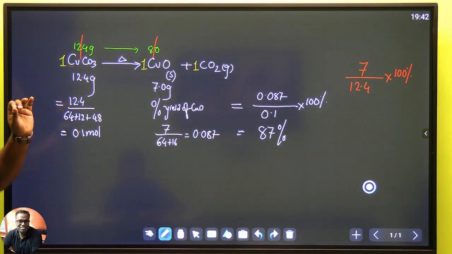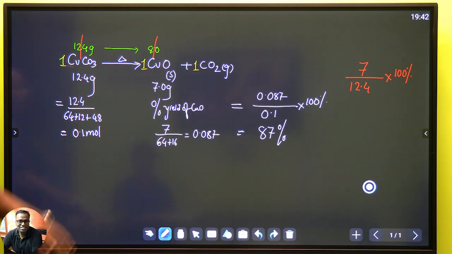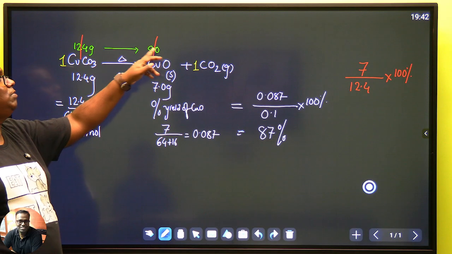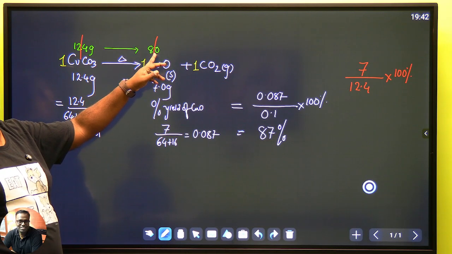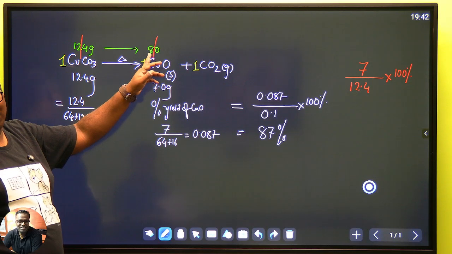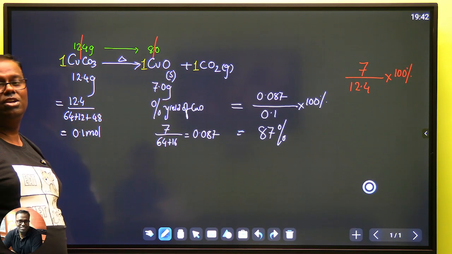That's why you should not work with mass; you will get stuck. If you did it with mass, how much is it here? 12.4 grams. 12.4 grams should give me how much? 80 grams. Sorry, 8 grams. How much less did you get? You got 1 gram less.